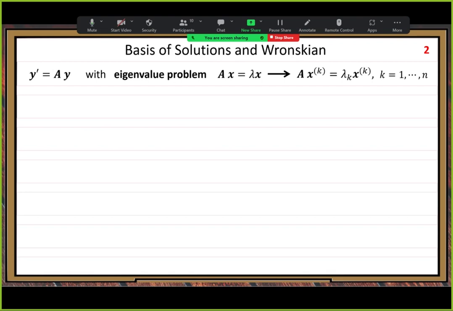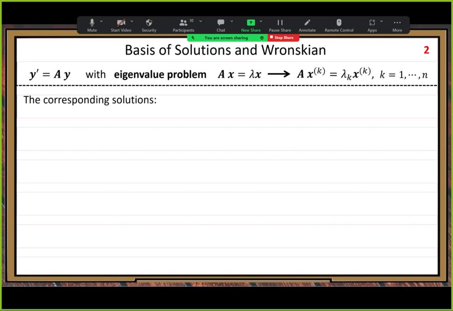Therefore, for each lambda value, there is a corresponding eigenvector. We know how to solve it. In last class, we did it for 2x2, very simple. For n by n, a little harder, but it can be solved, not very hard.